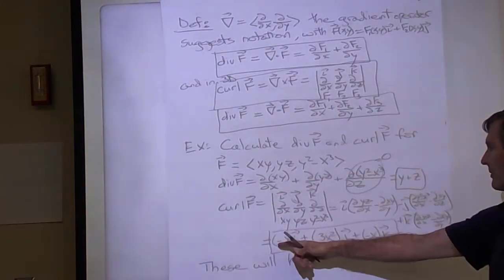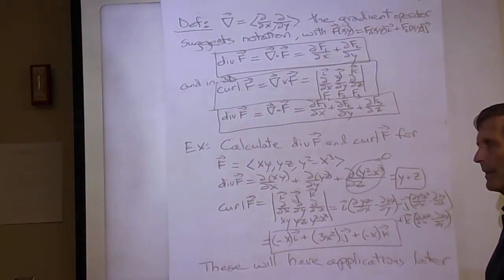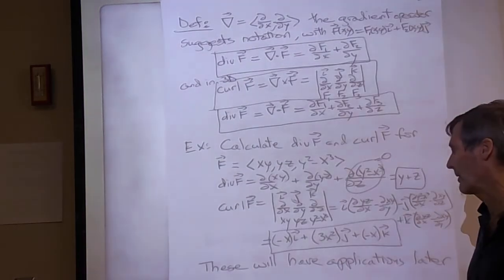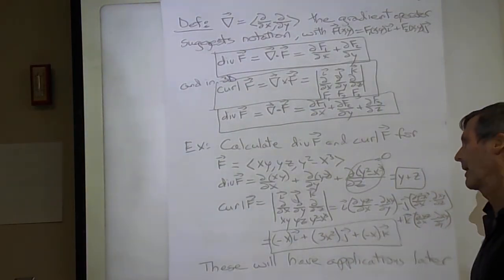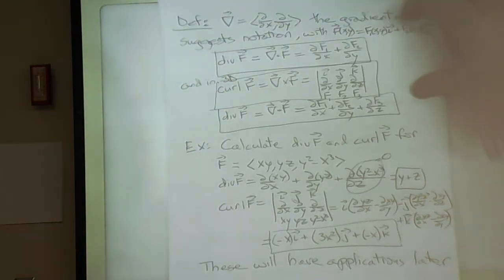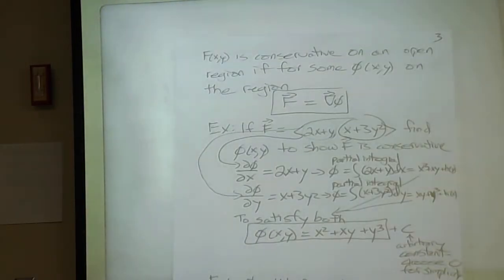And you calculate all those, you get minus x i plus 3x squared j minus x k. Easy, it's just a little longer than this one. So divergence and curl are very easy to calculate. You just want to memorize these for now, and we'll do some homework shortly. Finally, there's some stuff on the WebAssign that's not in the section yet. I think 16.3 is coming up, if I remember right.